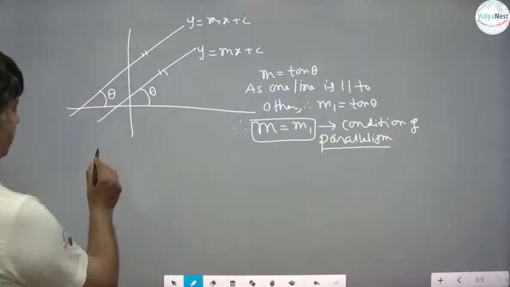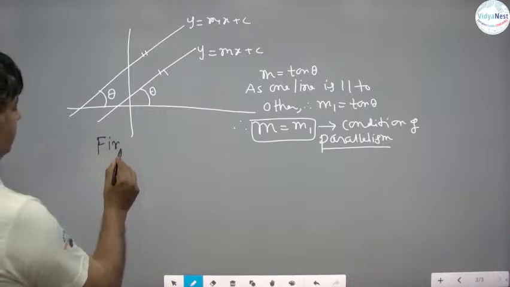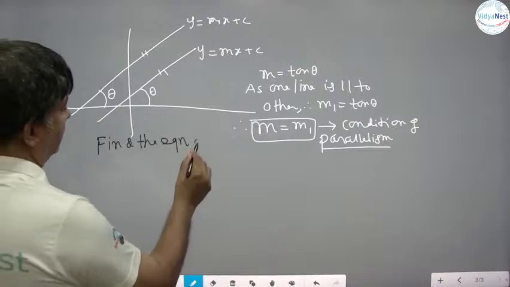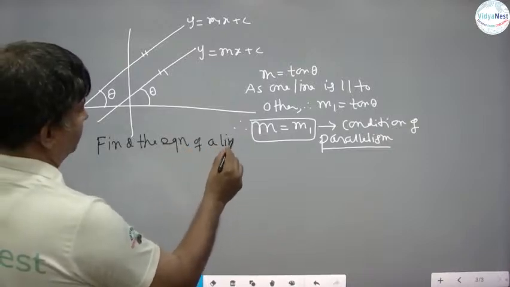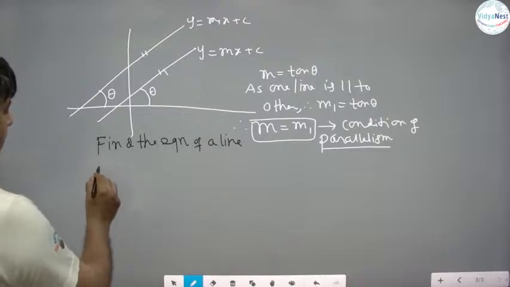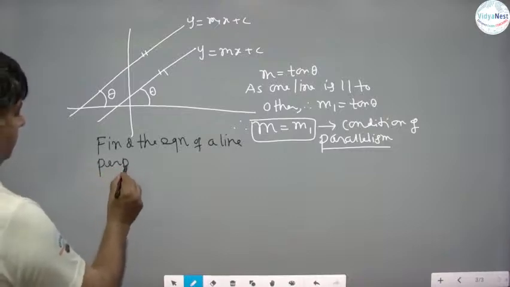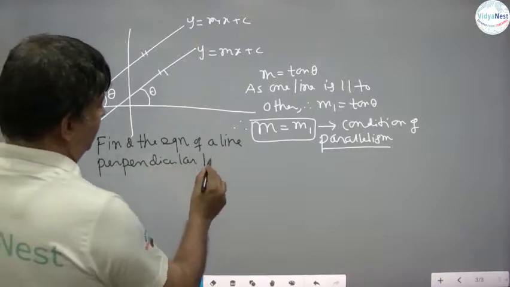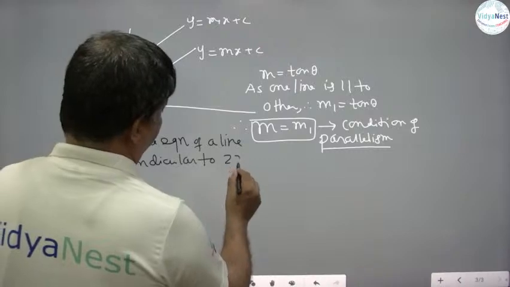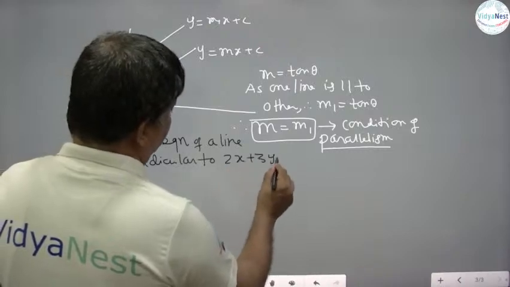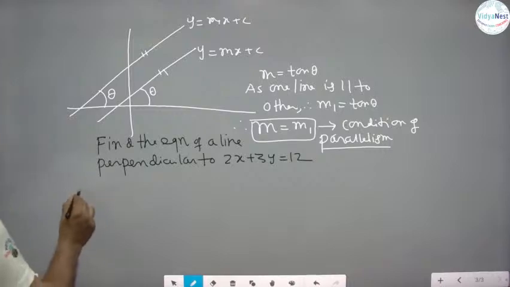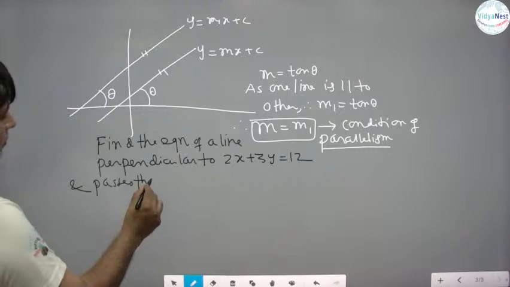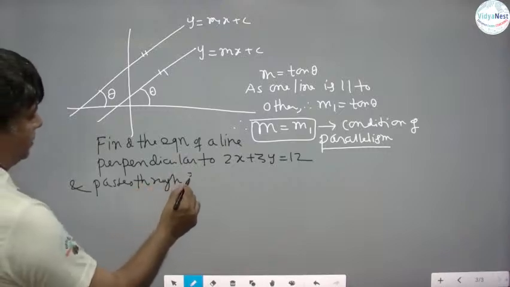Find the equation of a line perpendicular to 2x + 3y = 12 and passes through (2, 3).